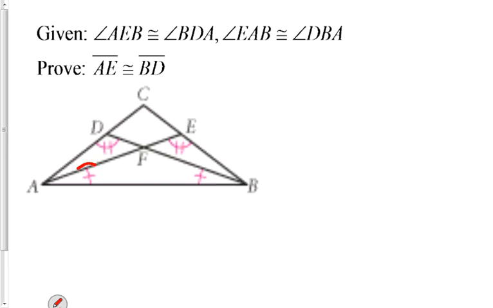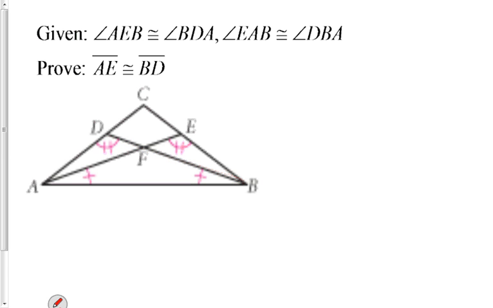And we see that marked here and here. Now we are being asked to prove that segment AE is congruent to segment BD. So we see segment AE here and segment BD here.